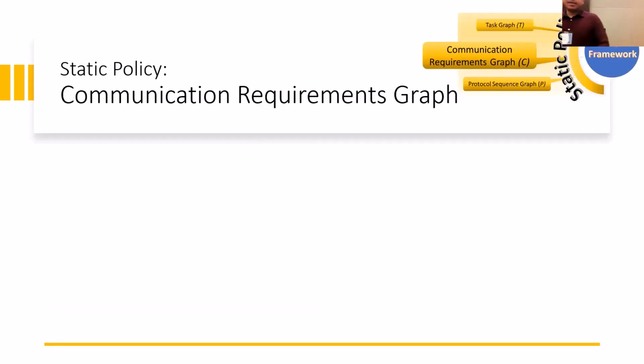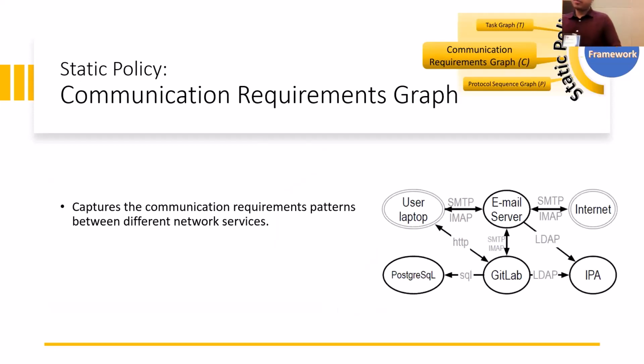Let's see an overview of the graph. The first one is our novel communication requirements graph, which captures communication patterns between different network services, and it is independent of the underlying network topology. This is on the static part of the policy. These requirements become critical for testing the resulting policy for correctness and ensuring that only the required communications are allowed.